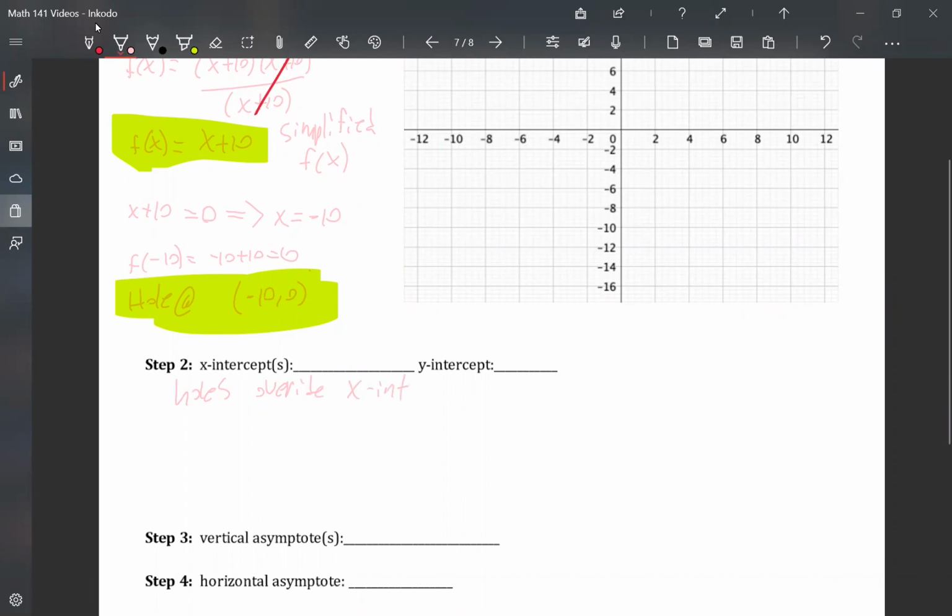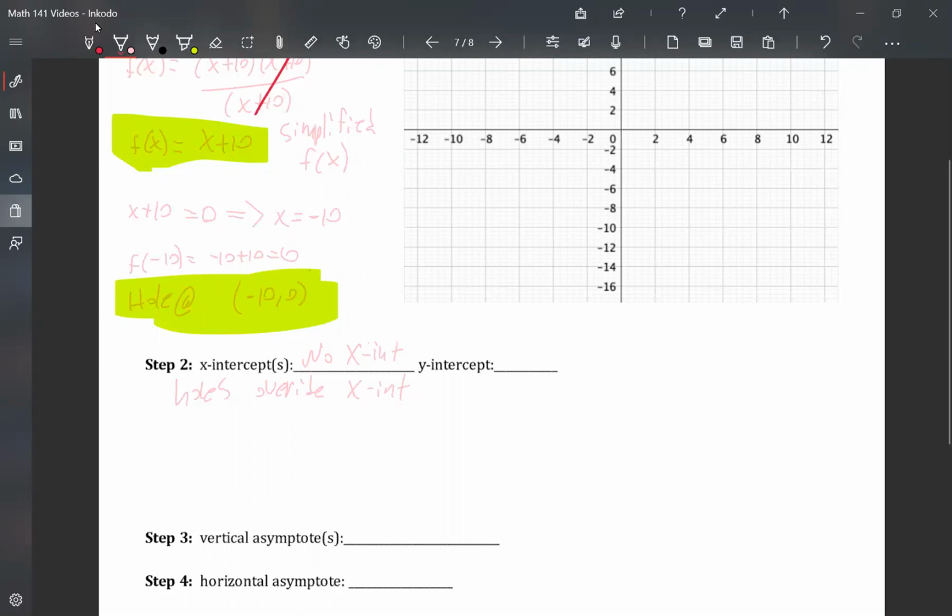And if it was at the y-intercept, it would also override our y-intercept. So the holes, whatever happens to the original function, override what may be happening in the reduced function. Even if you have an intercept, it might not exist if it's undefined for the original. So we have no x-intercept.